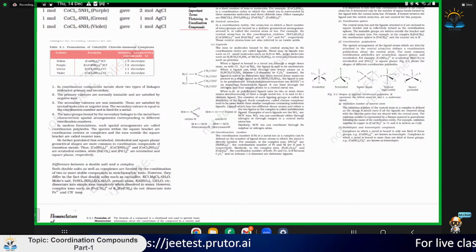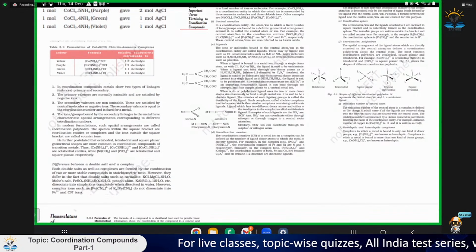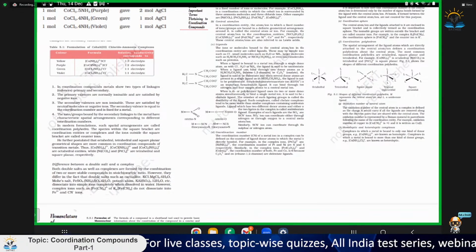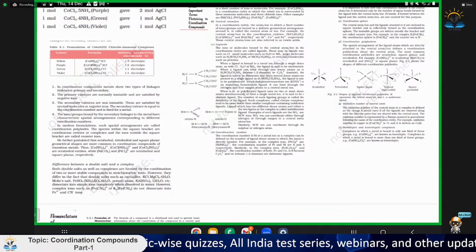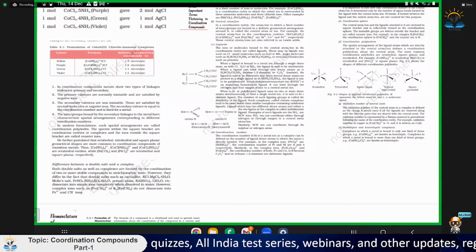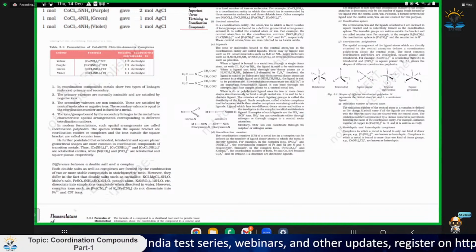Difference between a double salt and a complex: when you put both in water, a double salt will completely ionize into simple ions, for example KCl, MgCl2, water. It will break into K+, Cl-, Mg2+ and so on, and sulfate gives SO4 2-.